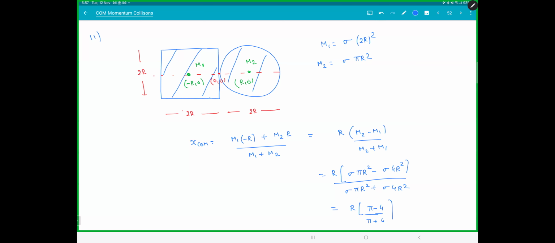So there, as expected, the center of mass is on the negative x-axis. Any doubts on this? So if I combine some different shapes, this is how you do it.